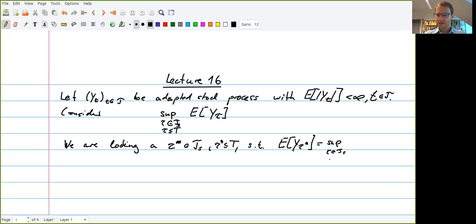So it is a solution to this maximization problem among all stopping times which are less or equal than T. This tau star is then also called the solution to this optimal stopping problem. And to be consistent with the lecture notes, let me give this the number 5.3.